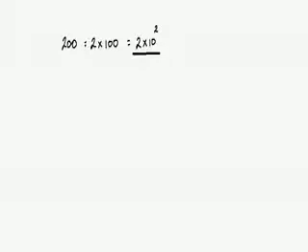So standard form is always going to be something times 10 to the power of something. And this something could be a plus or a minus power. The number itself can only contain one digit.